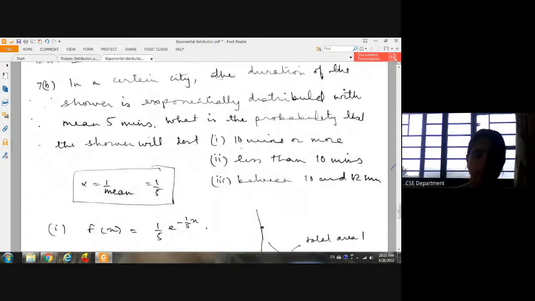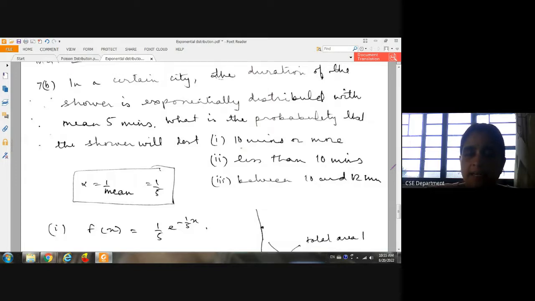Yet another problem. In a certain city, the duration of a shower is exponentially distributed with mean 5 minutes. Exponential distribution, mean is 5 minutes. What is the probability that the shower will last 10 minutes or more?